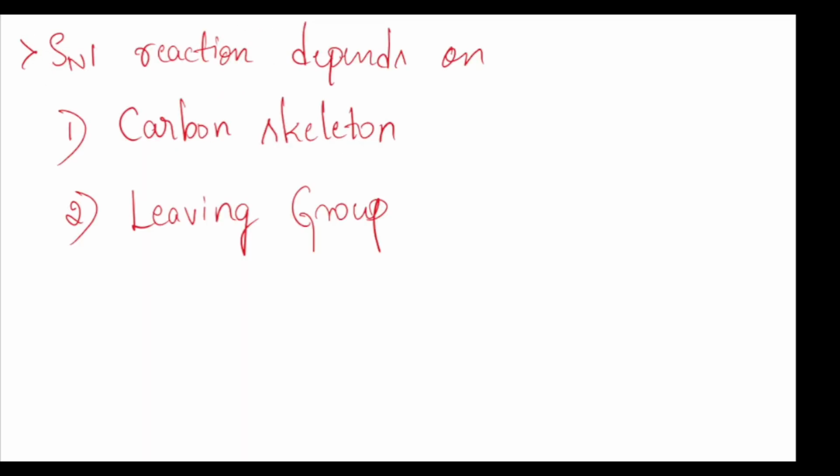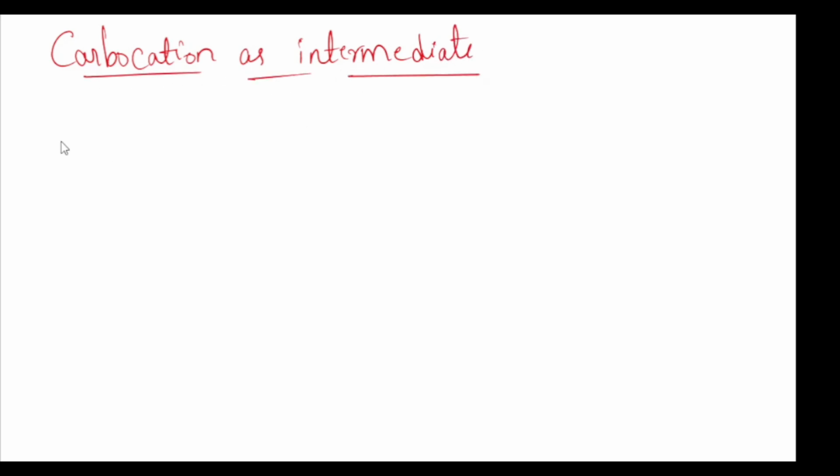We saw that in this reaction we will get a tertiary carbocation, or simply a carbocation, as an intermediate. If the intermediate is going to be stable, then we will get a good yield, correct?